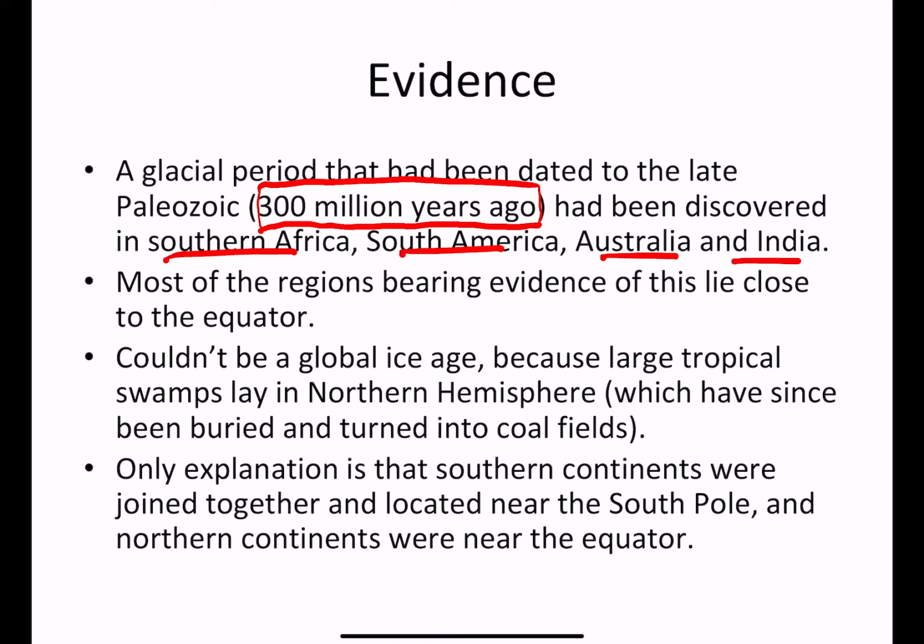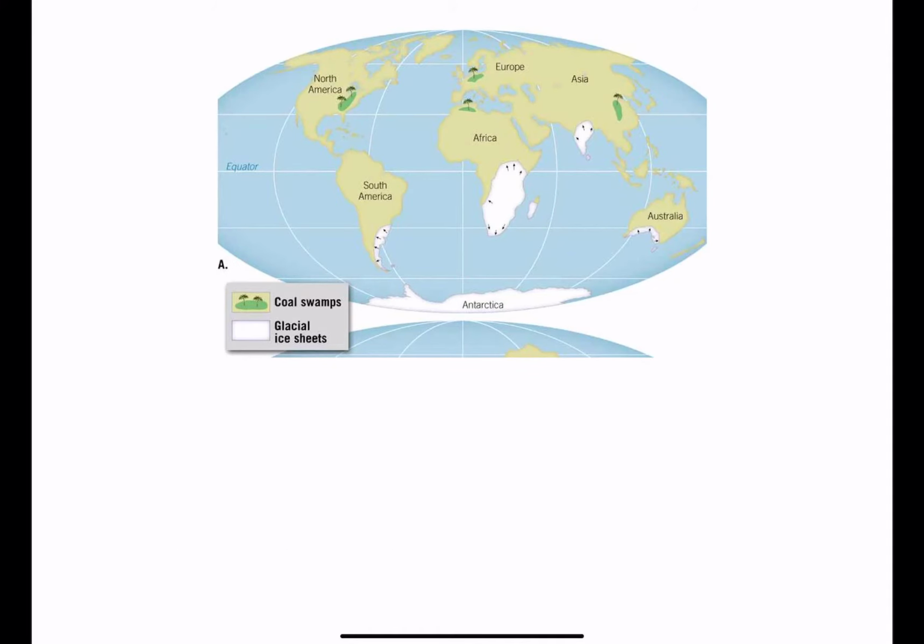Glacial period means that these places were completely covered under glaciers. So very, very thick sheets of ice covered these entire regions. However, most of these regions are pretty close to the equator. So I'll just show you where these regions are. So 300 million years ago, there was a glacial period over here, over here, over here, and over here.